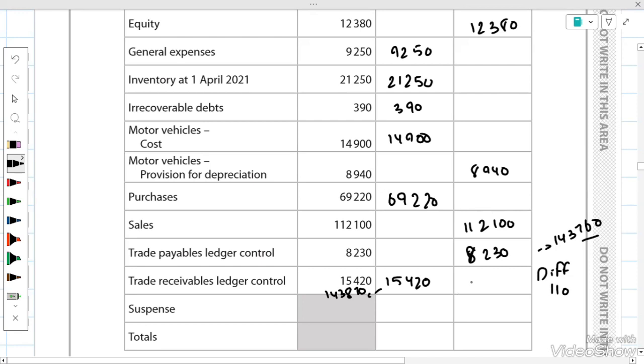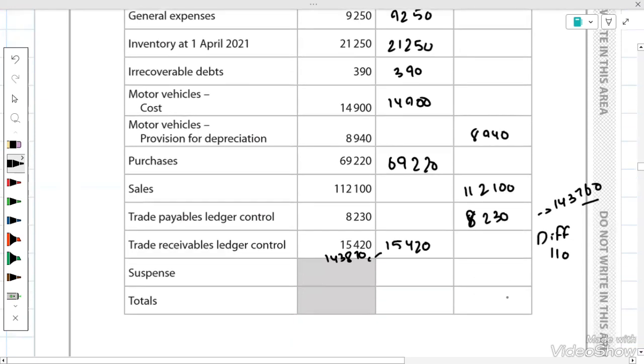Because your credit side is lighter, your debit side is higher than your credit side. So by the amount by which your debit side is higher than your credit side, you have to write this amount on the credit side. The difference is 110, so we have to write 110 as your suspense.